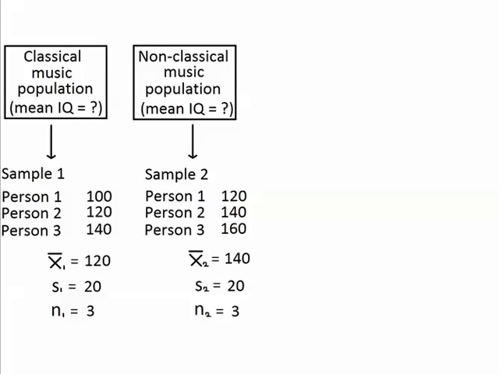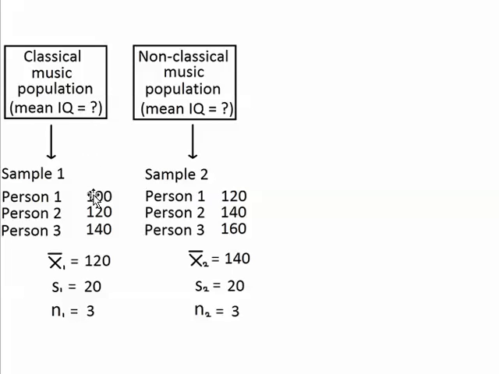Here we'll go through a step-by-step example. I'm doing a study in which I want to know if the mean IQ of the classical population is different than the mean IQ of the non-classical population. The question I'm interested in is whether these two population means are equal or if they're different.